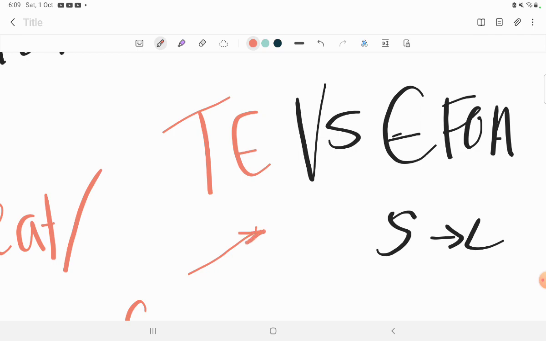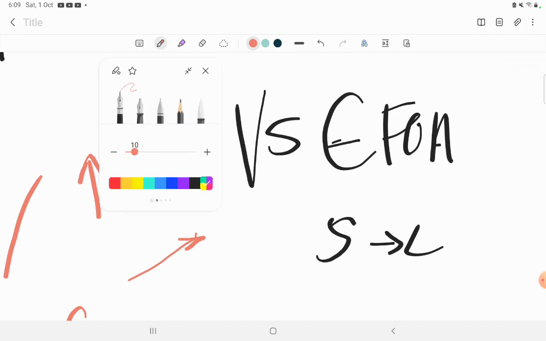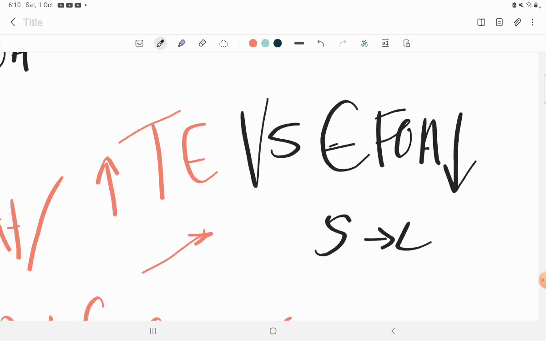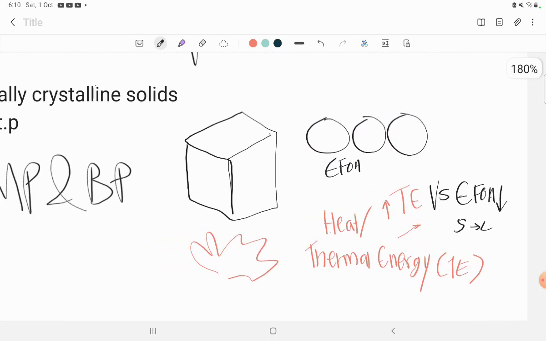So the thermal energy grows stronger, and because the thermal energy now grows stronger, the electrostatic forces of attraction are now weaker. So that's the whole physics behind the high melting and boiling point.